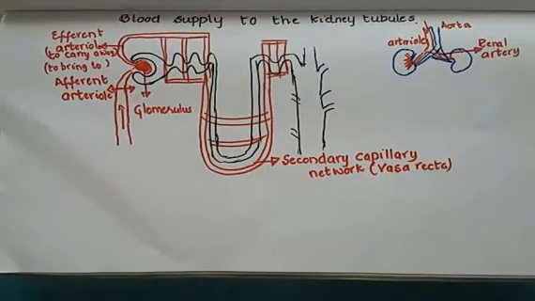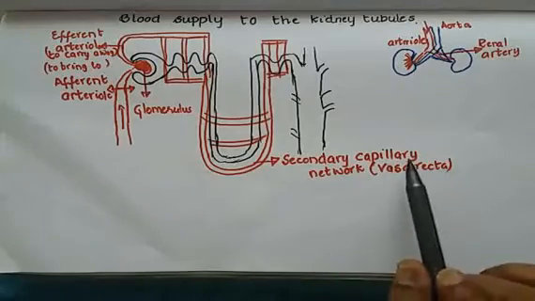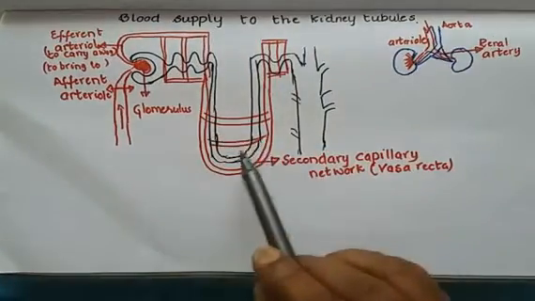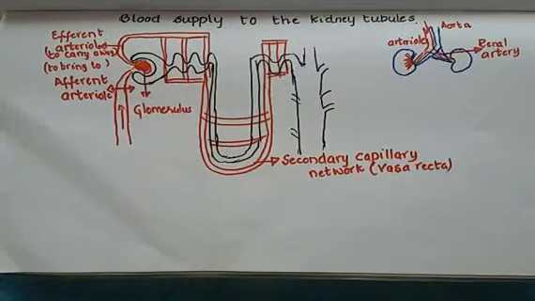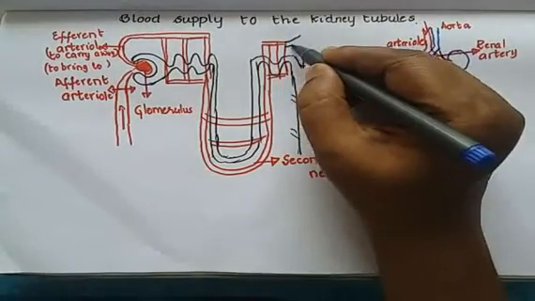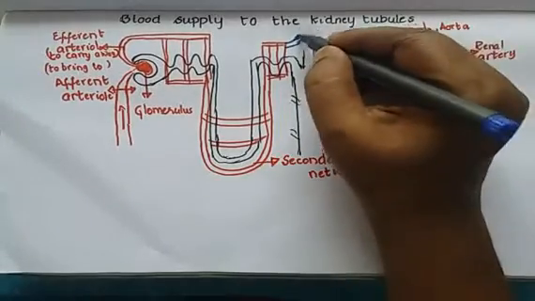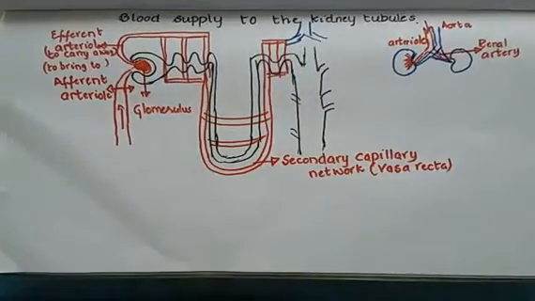So what is a vasa recta? Vasa recta is a secondary capillary network that surrounds the PCT, loop of Henle and DCT. So this secondary capillary network now reunites. All these capillaries now reunite to form a venule. All the venules again reunite to form a vein.